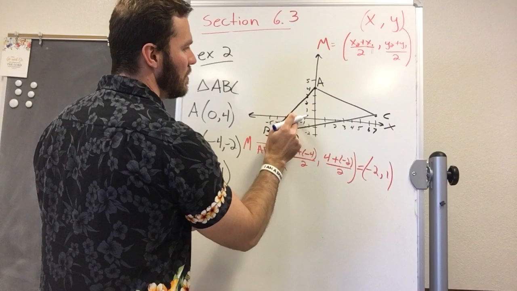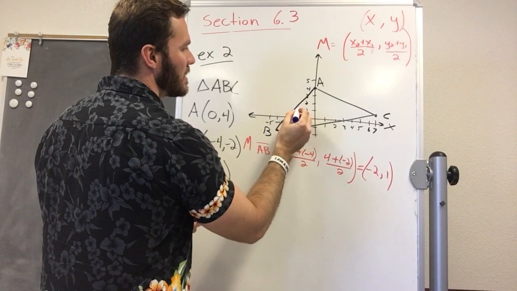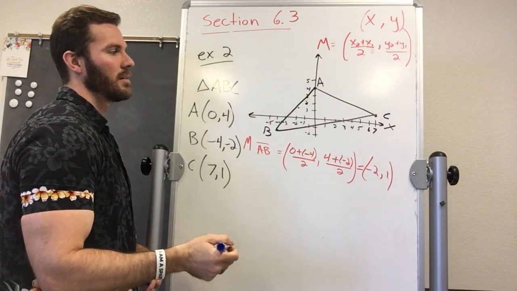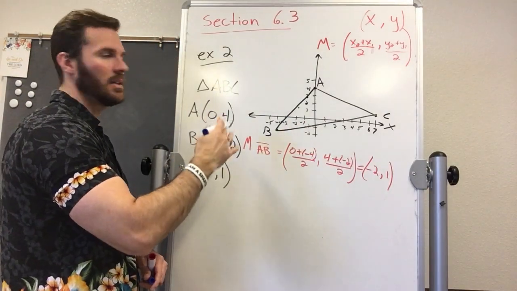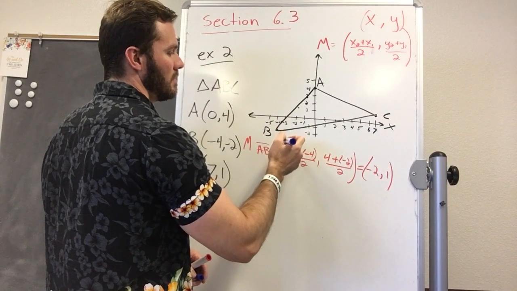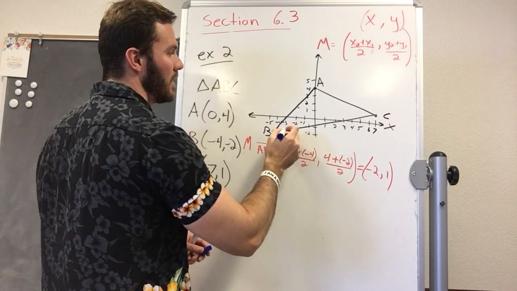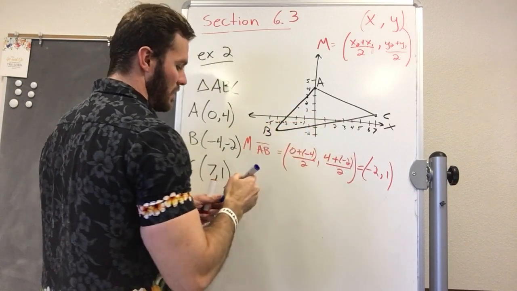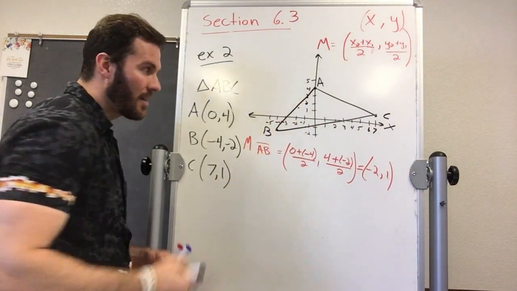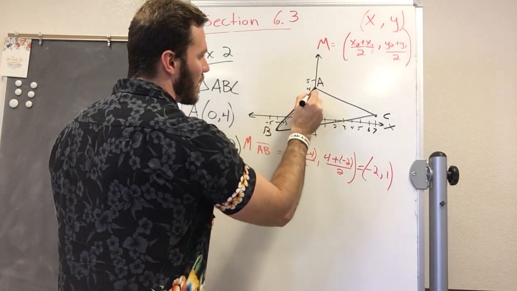So see how my drawing isn't exactly lined up perfectly? It would if I had lines, but I'm just drawing this without lines, so you can imagine it. If I had a ruler, it goes right through there.